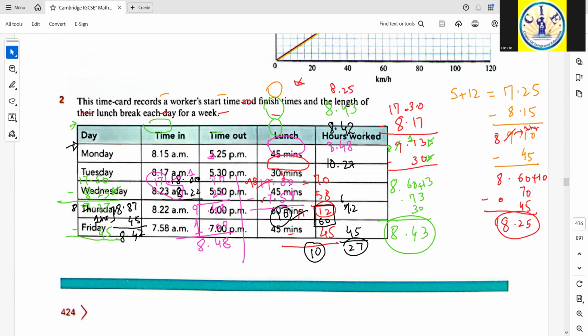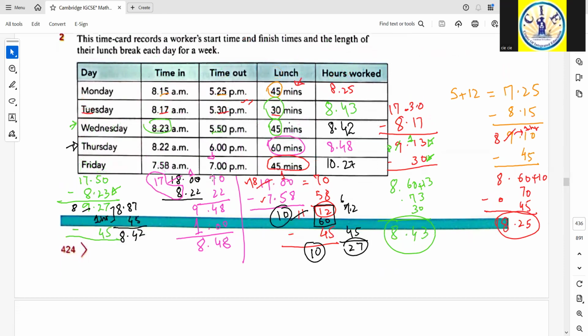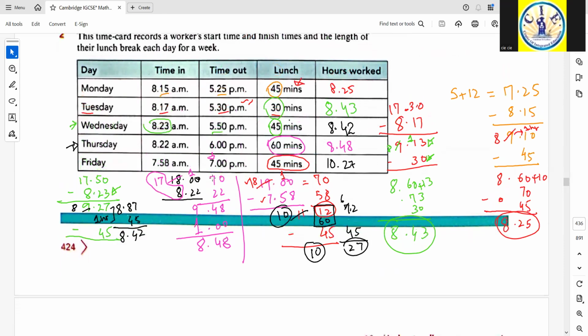For this, we need to have a sum of all these values for the time. Part B, total time is 8 hours, 8 hours, 8 hours, 8 hours, and 10 hours.